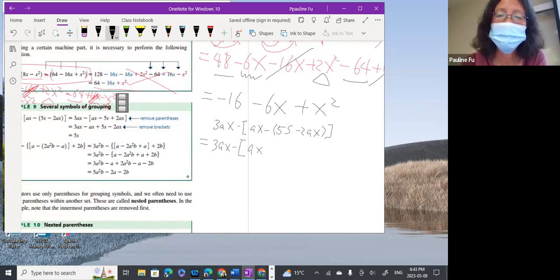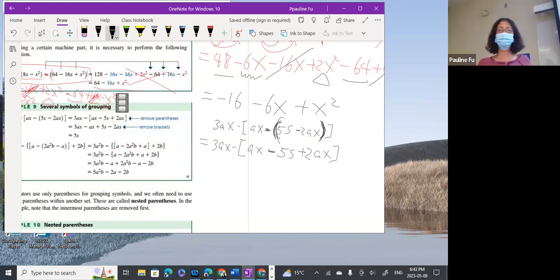First step, take away the round bracket. When you take away the round bracket, there's a negative sign, so you need to change the sign of each item inside this round bracket. So 5x becomes negative 5x. Negative 2ax becomes positive 2ax. That is the first step, take away the round bracket.